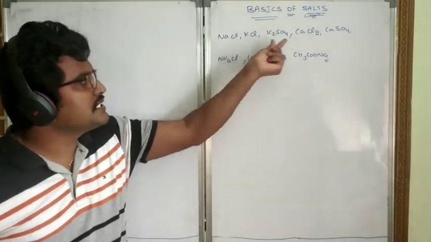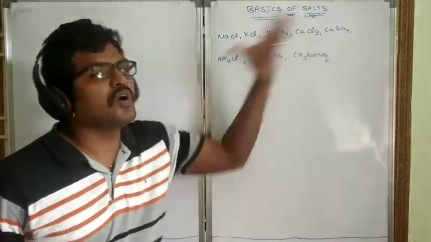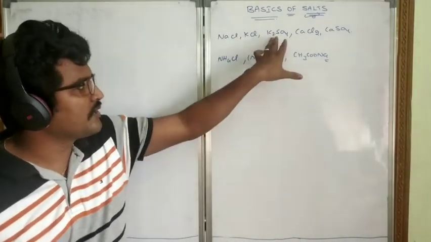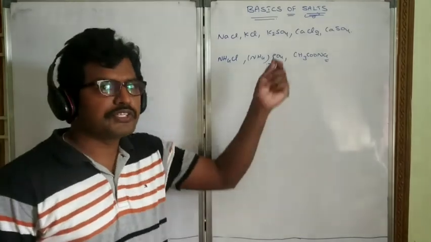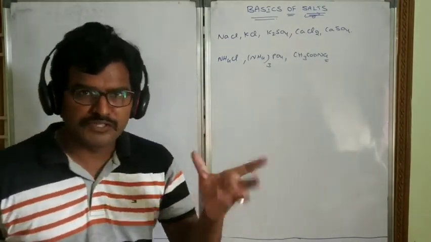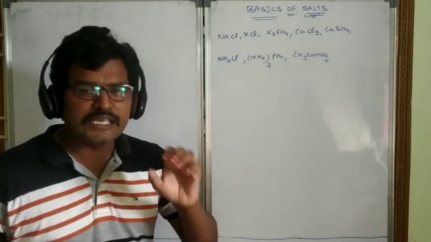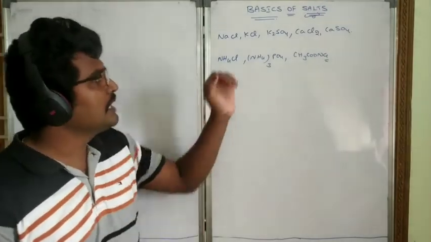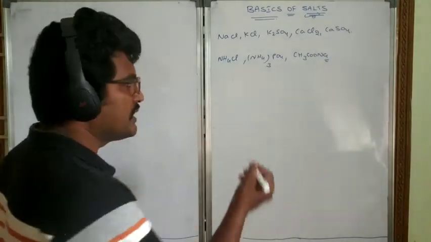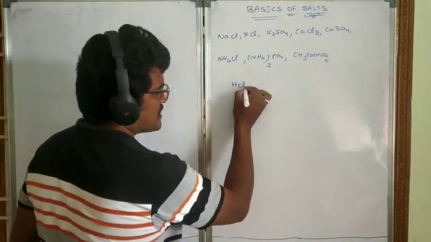Among these salts, how are they formed? How is NaCl formed, how is KCl formed, how is K2SO4 formed, how is CaCl2 formed? A salt is always formed by the neutralization of an acid and a base. Let us take HCl.